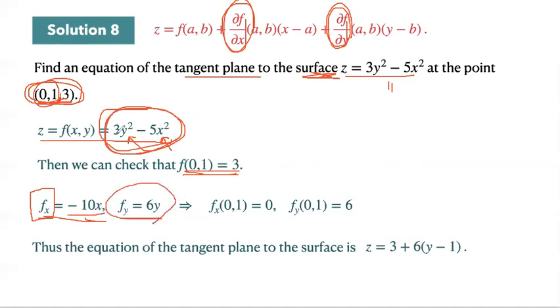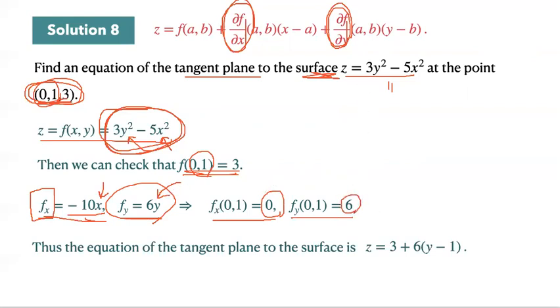And we know that fy is 6y. Our point is 0, 1, so if we put x equal to 0, fx is just 0. And for fy, if we put y equal to 1, we get 6.